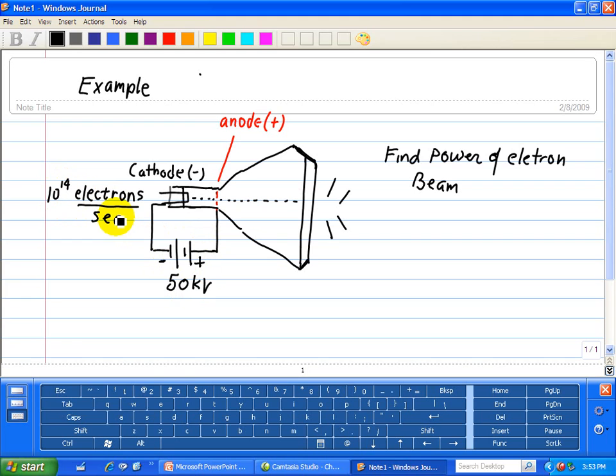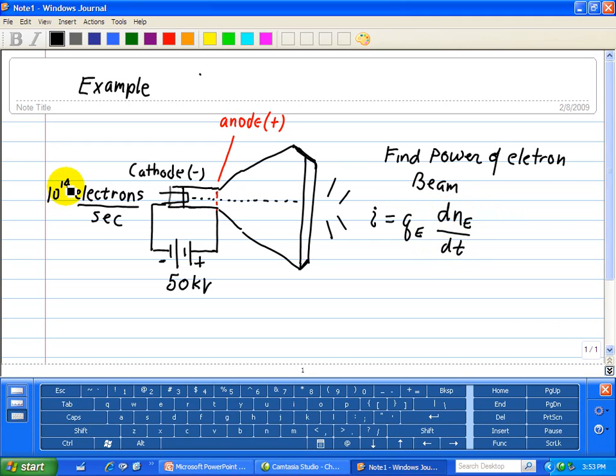All right, so what we want to find is the power of the electron beam going through this cathode ray tube. Since current is the rate of charge flow, we can find the net current by multiplying the charge Q_e of an electron by the rate of flow, which we'll call dn_e/dt.